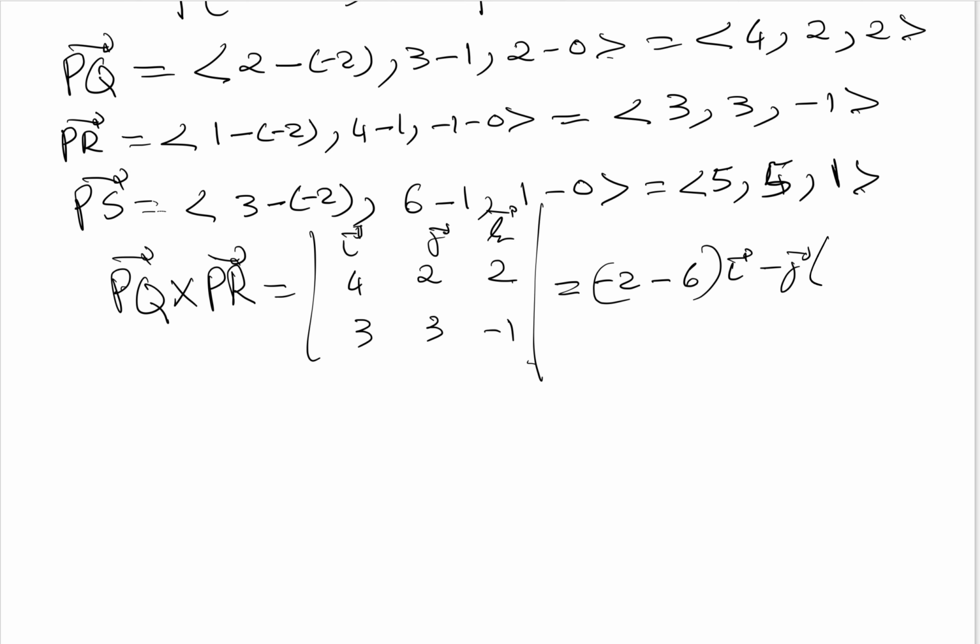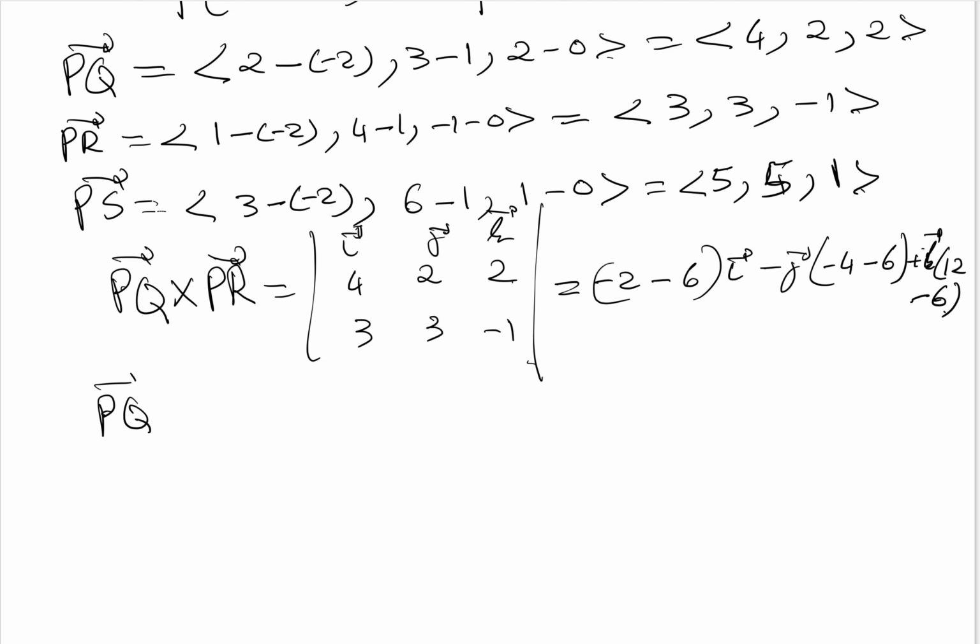Negative J, so here you will have negative 4 minus 6. And the next one you have K vector, which is 12 minus 6. Good.